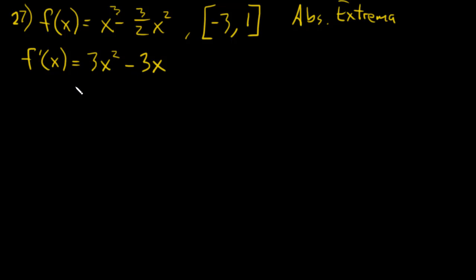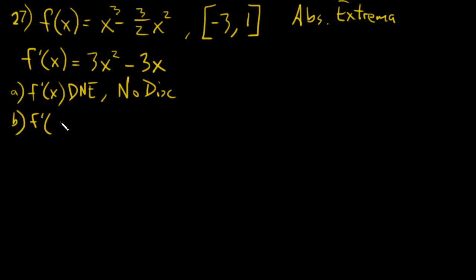Okay? And then to find the critical numbers for part A, we look for places where f prime of x doesn't exist. Are there any areas? Nope, that's a polynomial, so there are no discontinuities. We don't have to worry about that. Part B, f prime of x equals 0.